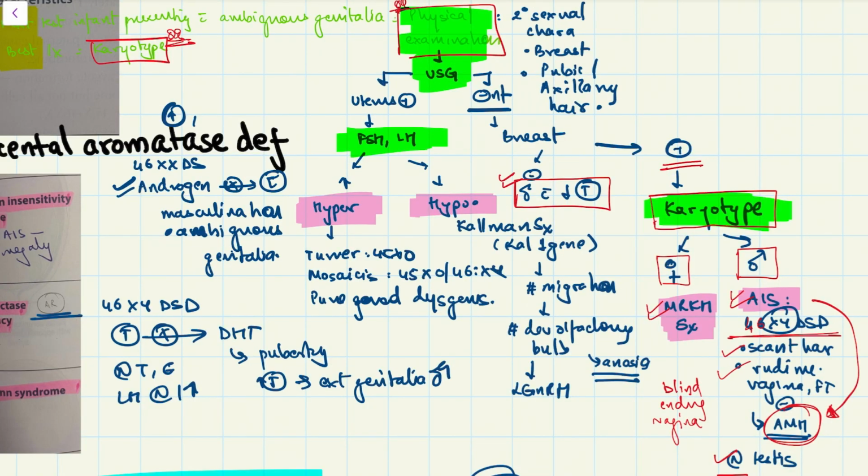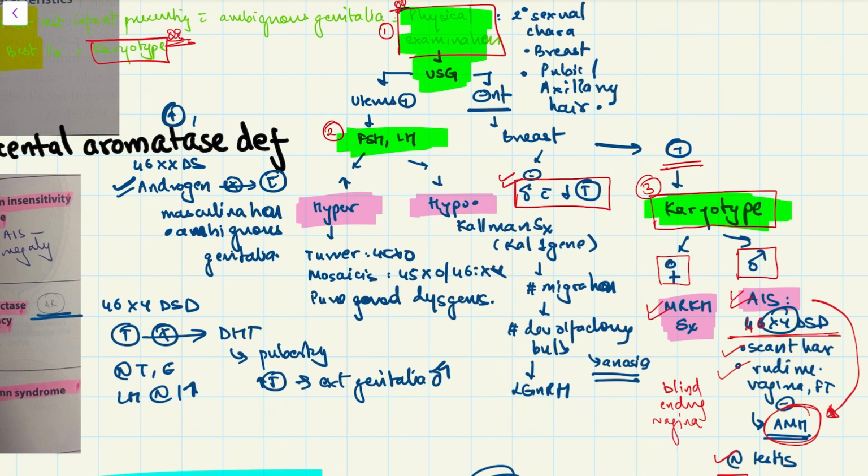So, this is the approach for DSD. First is physical examination and ultrasound, then is hormonal study if uterus is present, and karyotype in case of absent uterus in the presence of development of breast. The diagnosis for absent uterus with normal breast development would either be MRKH syndrome if the karyotype is female or androgen insensitivity syndrome if the karyotype is male.